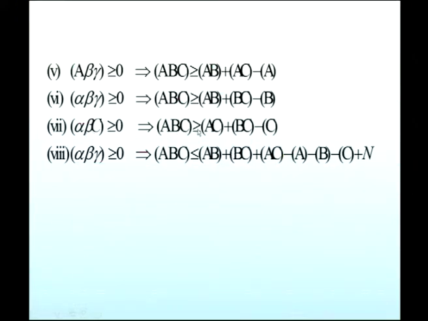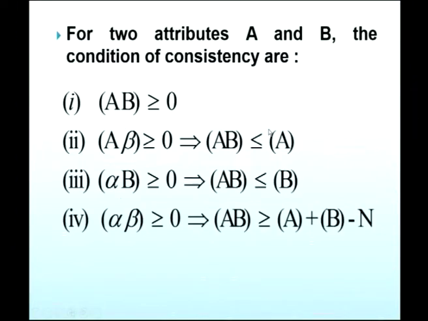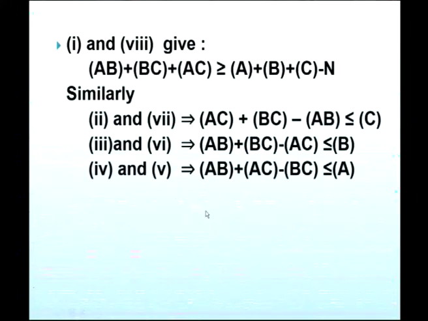Therefore, ABC is greater than or equal to AC plus BC minus C. And you have AB is less than or equal to A, and similarly AC will be less than or equal to A. So, based on this you have the condition as AC plus BC minus AB is less than or equal to C. Similarly, relating 3 and 6 conditions, we have AB plus BC minus AC is less than or equal to B. The fourth condition and fifth condition give you AB plus AC minus BC is less than or equal to A.